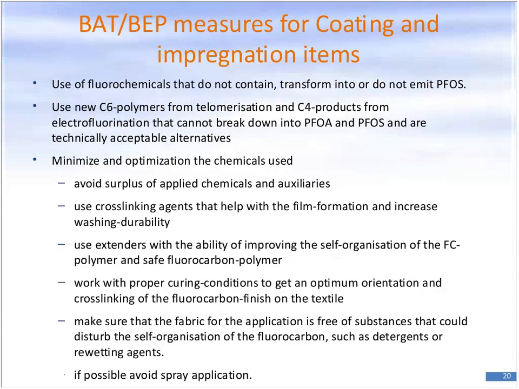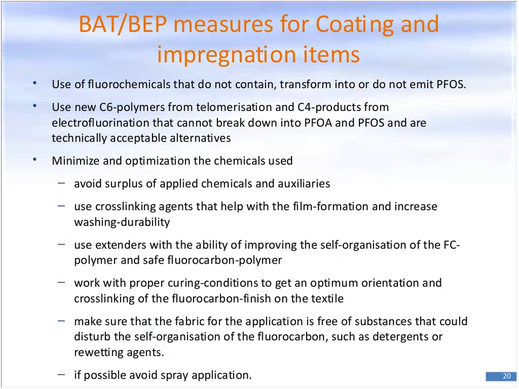So some of the bottom-up BEP for coating and impregnation items are described here. And as usual, the minimization of use or the substitution is essential. For example, the use of new C6 polymers from telomerization and C4 products from electrofluorination that cannot break down into PFOA or PFOS are alternatives that are feasible and technically acceptable.